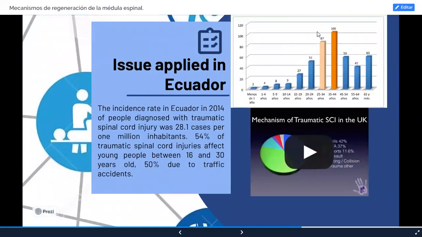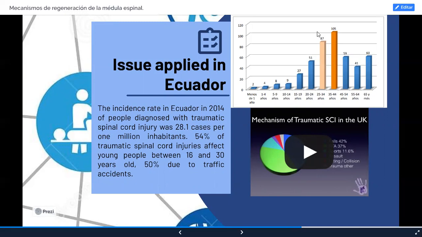Epidemiology in Ecuador. The incidence rate in Ecuador of people diagnosed with traumatic spinal cord injury was 28.1 cases per 1 million inhabitants. 54 percent of traumatic spinal cord injuries affect young people between 16 and 30 years old. 50% due to traffic accidents, 20 to 30% due to falls, 4 to 8% due to work accidents, 4 to 11% due to physical and leisure activity, 1% due to violence.